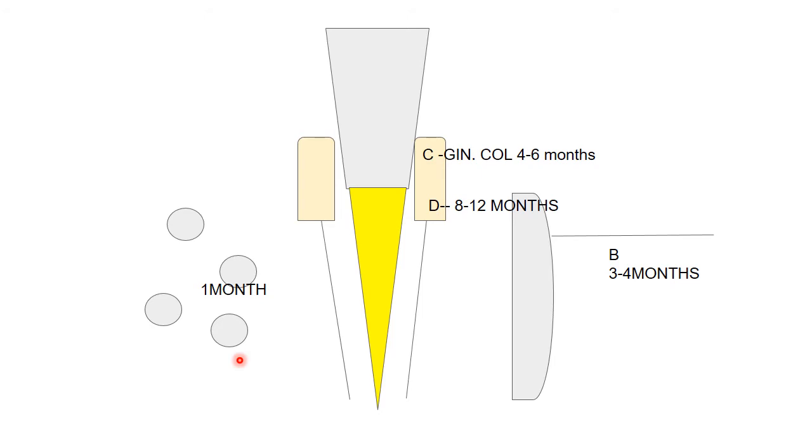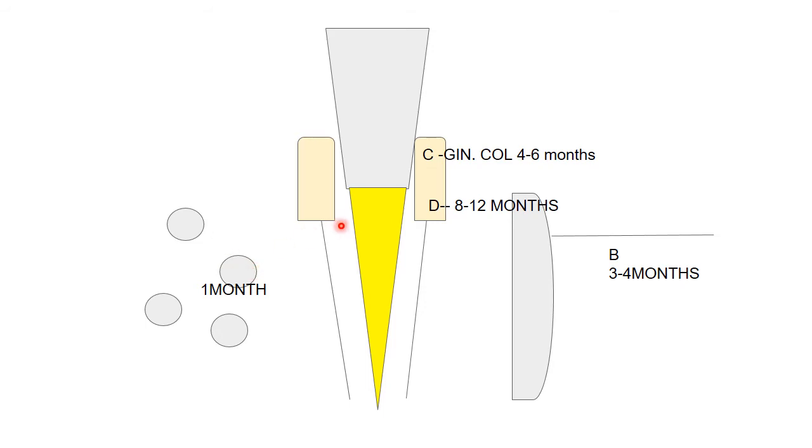Just to repeat the important points of this diagram, the reason why at least 1 year of retention is required is that the alveolar bone takes almost 1 month to completely calcify after the fixed appliance is removed, because we know that during tooth movement there is cyclic bone deposition and bone resorption. So for the bone to completely calcify after orthodontic treatment, at least 1 month will be required.